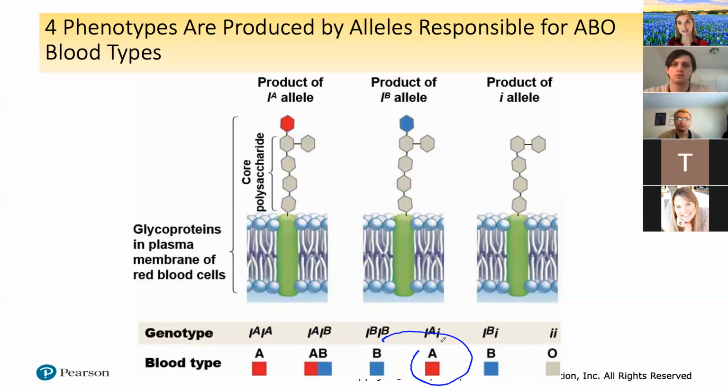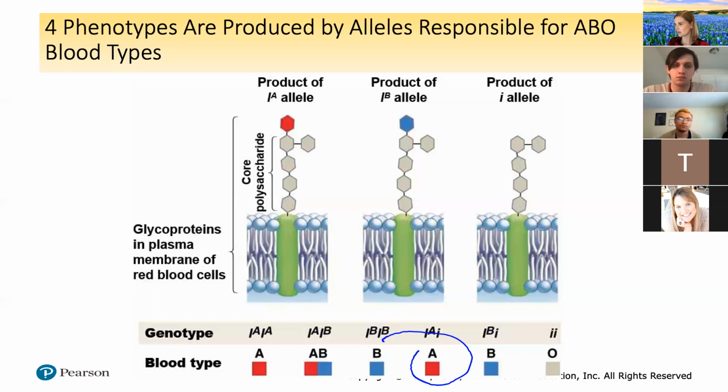So here, this individual inherited an A allele from one parent and an O from the other, but their blood type is going to be expressed as A. So when you go to donate blood and they need to know your blood type, you could have either of those genotypes and it's just going to show up as A blood. That's not going to tell you if you're AA or AO. It's just A blood.